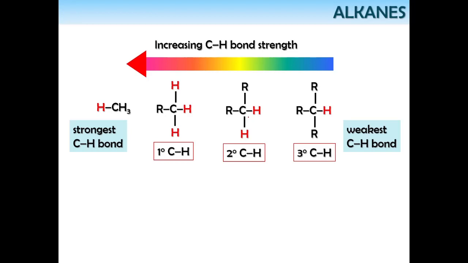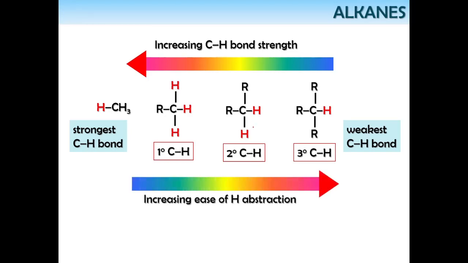So increasing CH bond strength, and this one is increasing ease of H abstraction, meaning it is easier to remove the hydrogen. So based on this, which one do you think, tertiary, secondary, primary, or methyl, is easier for the free radical to react with?